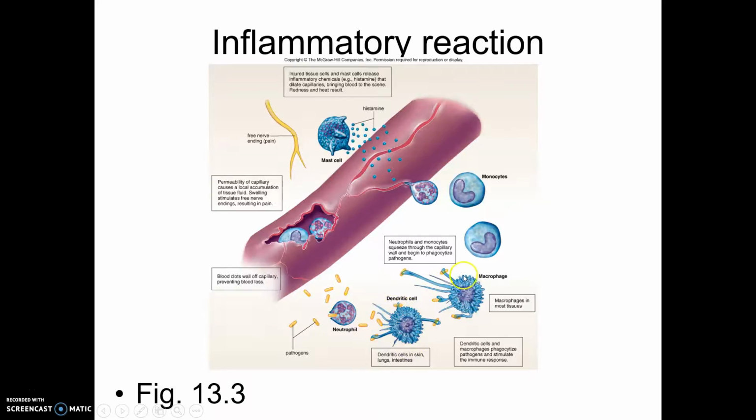They will display on what's called major histocompatibility complex proteins the broken down pathogen, and then they will go back and get into our lymphatic system, and they will try to look for the lymphocyte that recognizes that one pathogen.